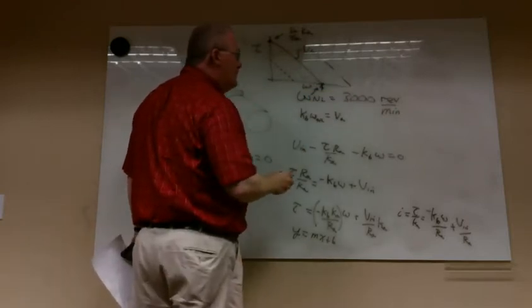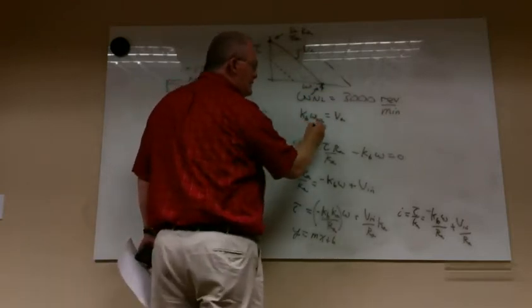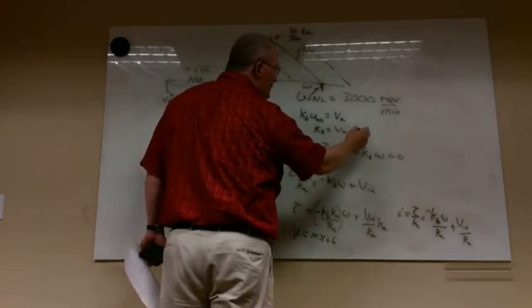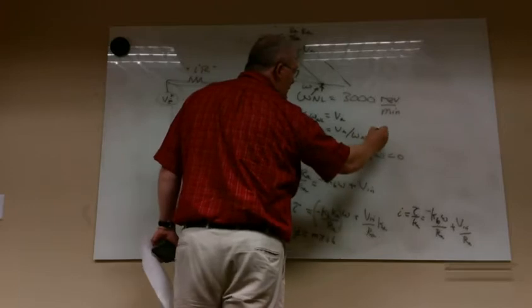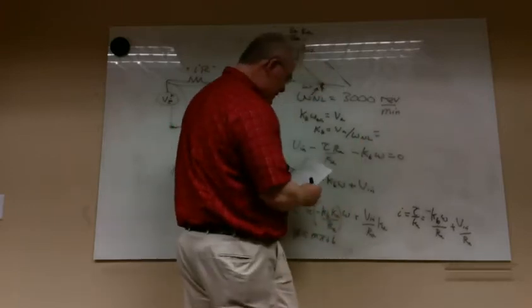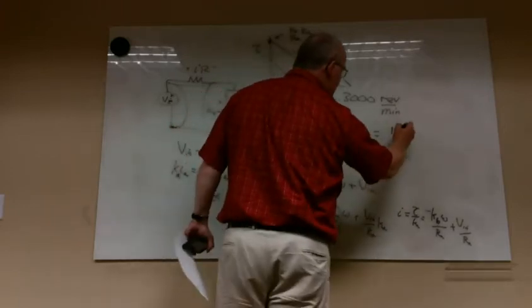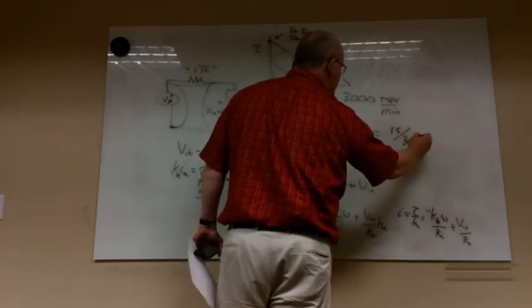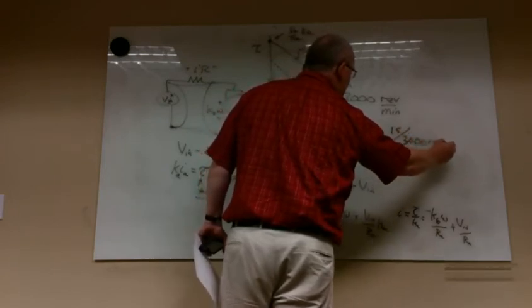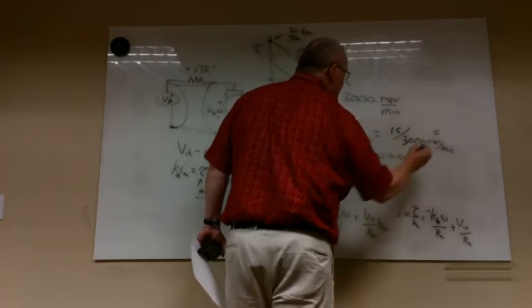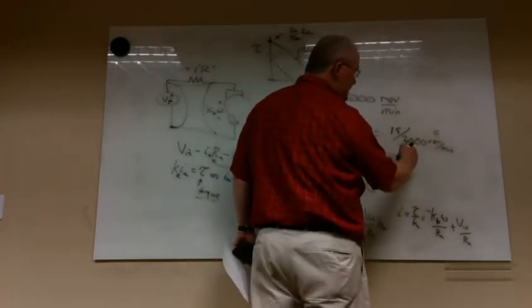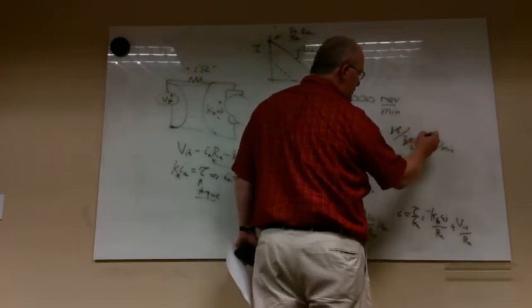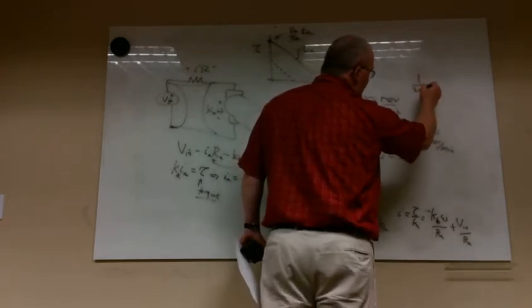So what that tells us then is that Kb is equal to the applied voltage divided by omega no load. In this case we had 15 volts divided by 3,000 rev per minute. 15 is going to cancel out, giving 1 over 200.